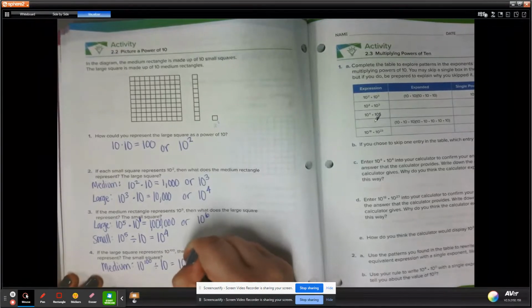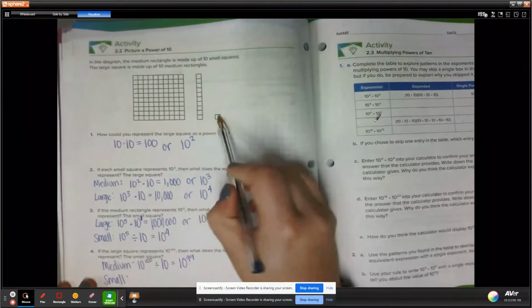So the medium would be 10 to the 100th divided by 10, which gives you 10 to the 99th. Then the small one is 10 times smaller than the medium, but the medium is 10 to the 99th. I know we're going to divide by 10, so it's going to leave me with 10 to the 98th power.